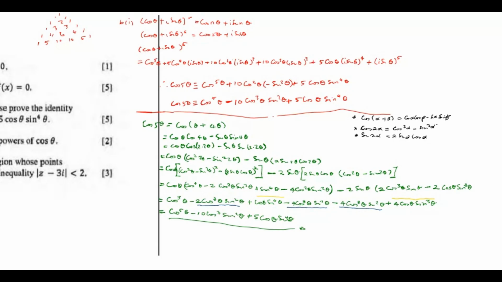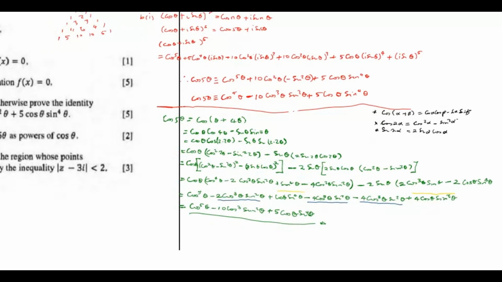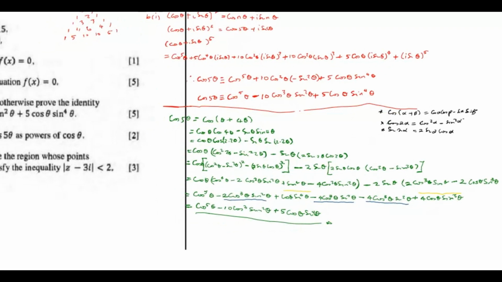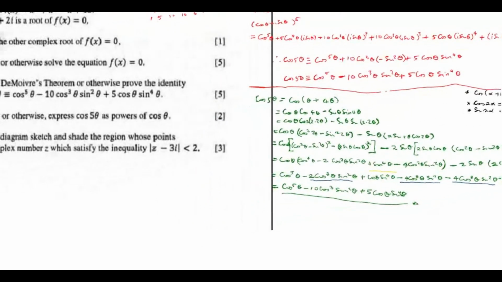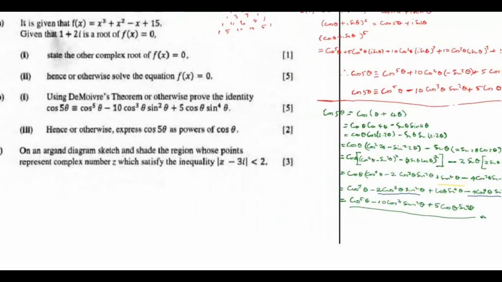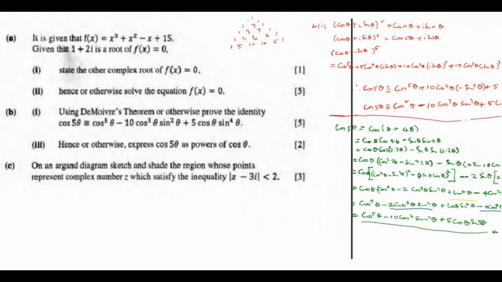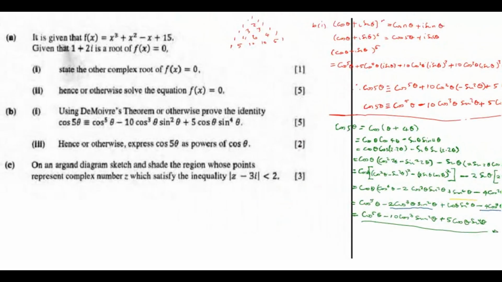What are they saying on the next question? On the next question, it's now saying, let's go up. It's now saying, hence or otherwise express cos 5 theta as powers of cos x.